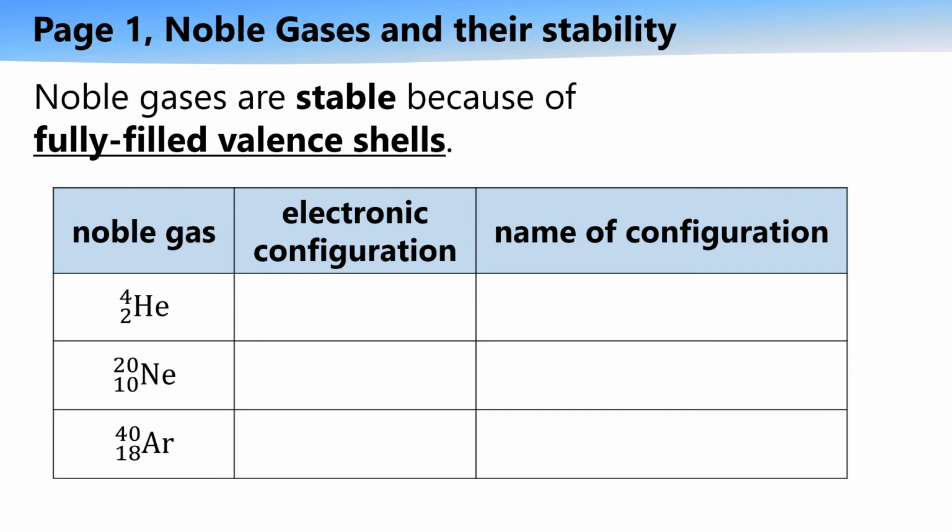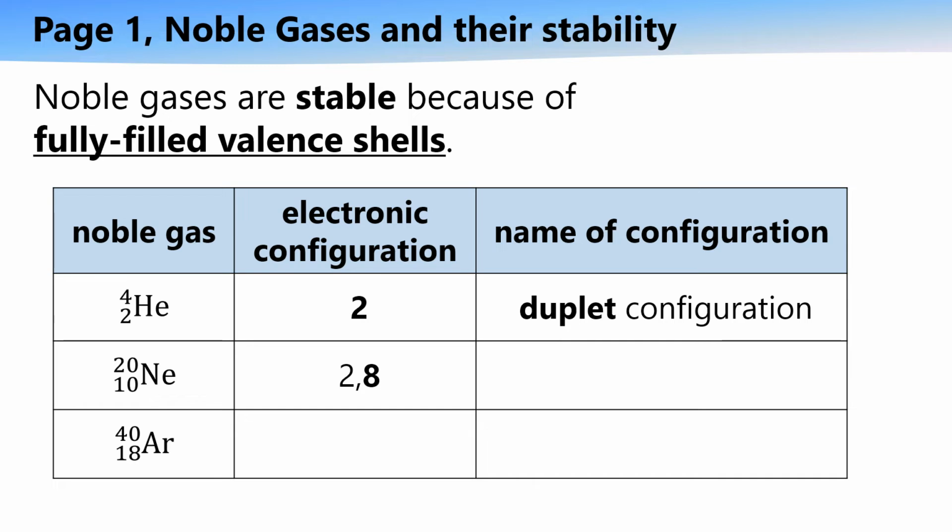The electronic configuration of helium is 2. Since it has two valence electrons in the outermost shell, we give it the designation of a duplet configuration. Neon, on the other hand, will have an electronic configuration of 2, 8.